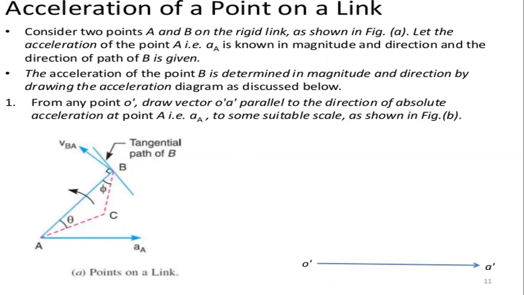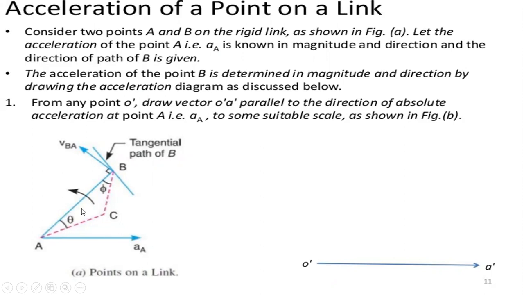AB is the rigid link with the 2 points A and B, and let the acceleration of the point capital A be known. Therefore, that is aA is known in magnitude and direction in the direction of path B.